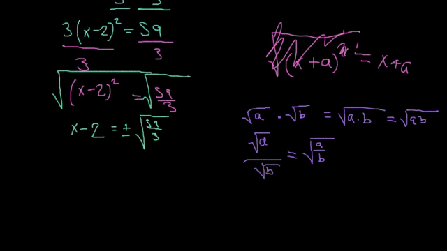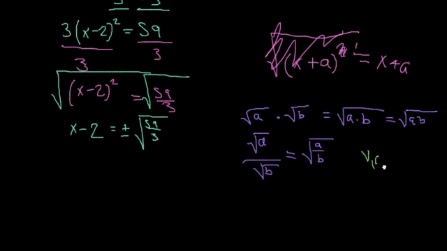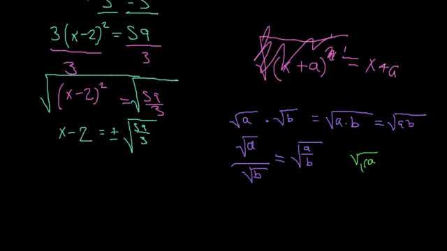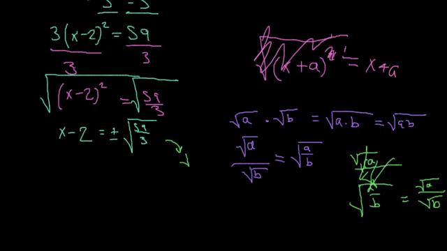So that means that rad A over B is equal to rad A over rad B. So we had rad 59 over 3. So that becomes rad 59 over rad 3.